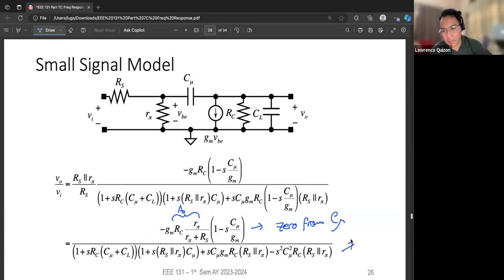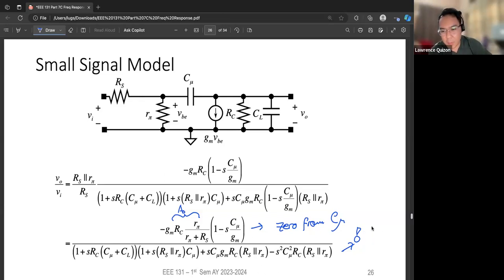But we have this thing, no? The Miller cap actually modified the poles at the bottom. The poles are not particularly easy to separate anymore. We're going to need factorization to occur down here.